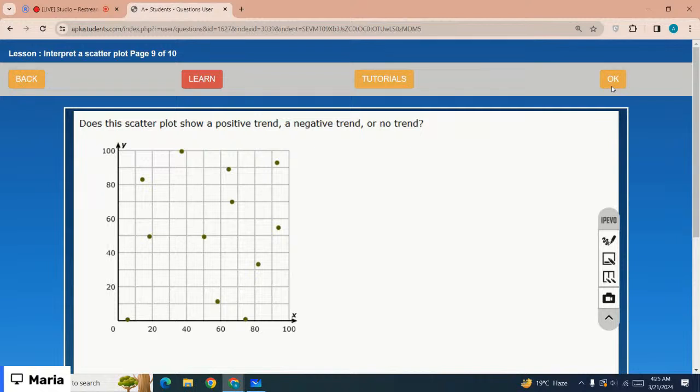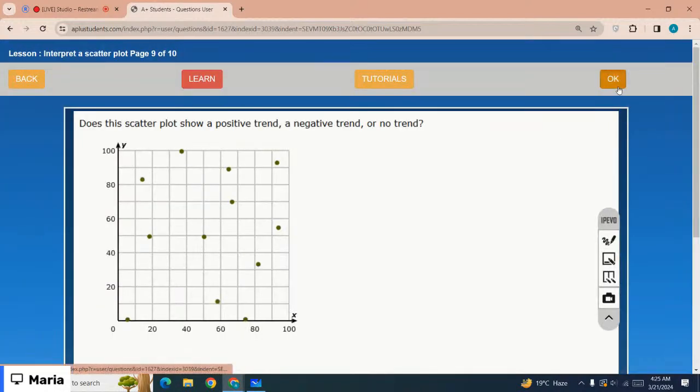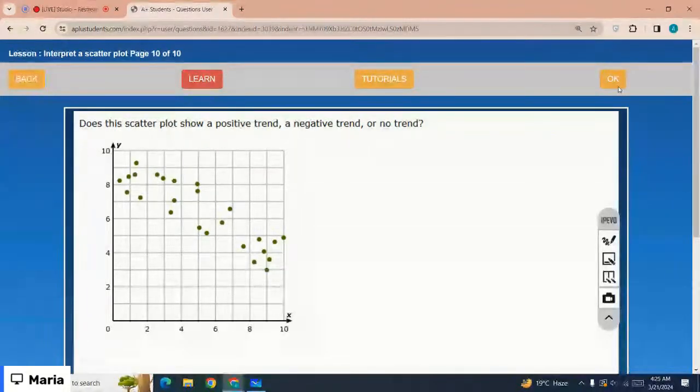No trend, right? You can see the points are scattered all over the graph, so that means no trend. Does the scatter plot show a positive trend, a negative trend, or no trend?